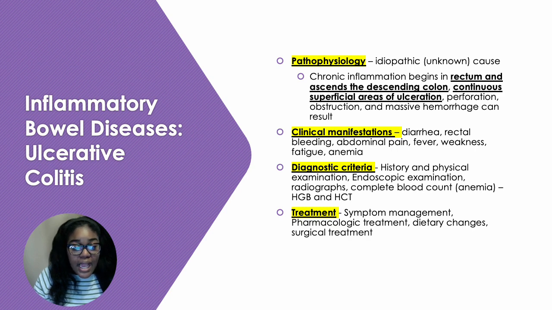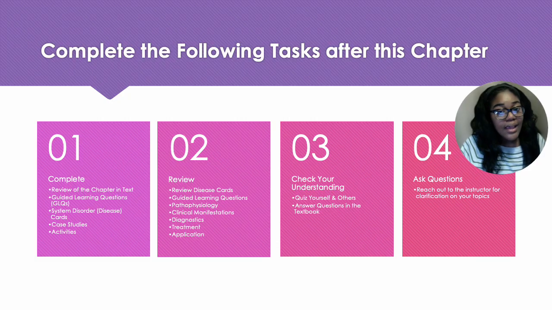So instead of an ileostomy, individuals with ulcerative colitis may have a colostomy, and that's one of the main differences between these two inflammatory bowel diseases. So very similar with the clinical manifestations, but just mild differences when it comes to location of inflammation and the perforations and obstruction. This concludes our chapter in this lecture.